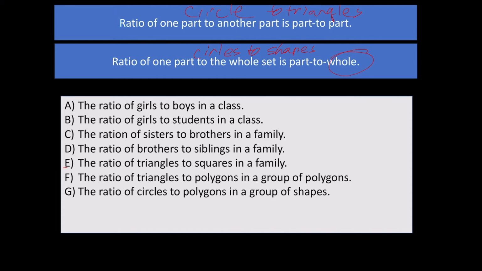So my part to whole would be girls to students, right? Part to whole. Okay, brothers to siblings, part to the whole group. Triangles to polygons in a group of polygons.